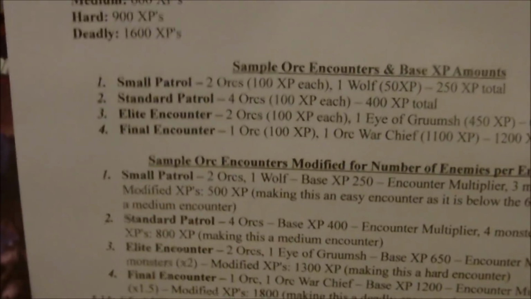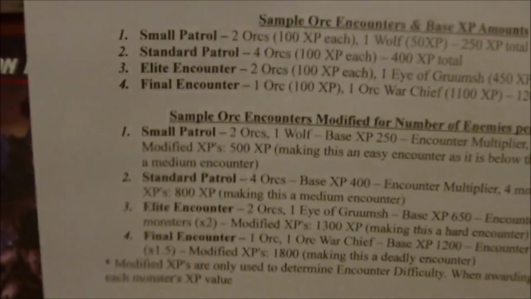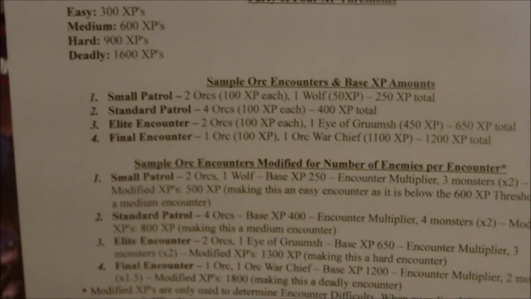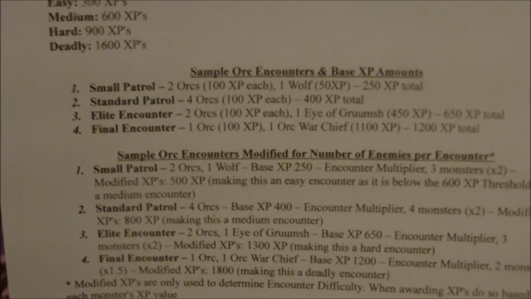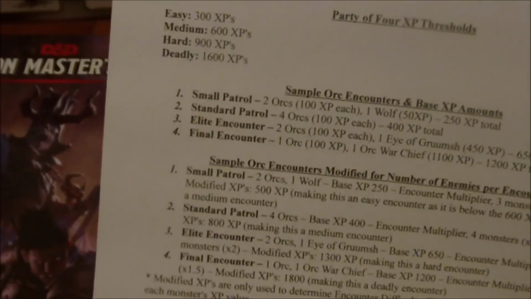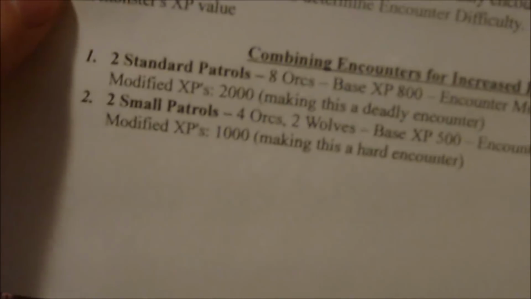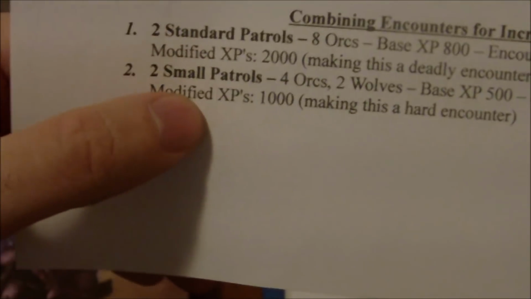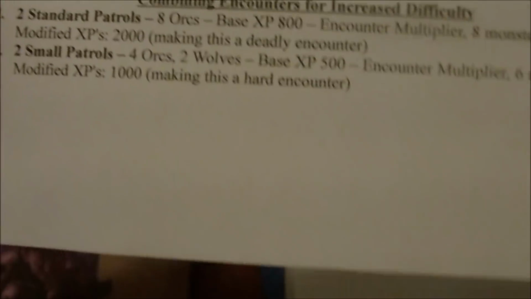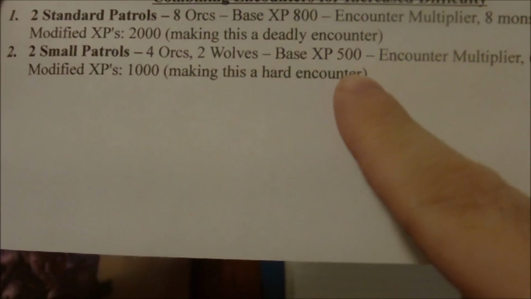So it's one of the things that you can do. And for example, if the player characters decide to charge in on the orc camp without trying to come up with tactics or finding ways to separate some orcs from the rest, then that should be considered a deadly encounter. We also have 2 small patrols that we could do as well, which is 4 orcs and 2 wolves. That gives us a base experience points of 500.